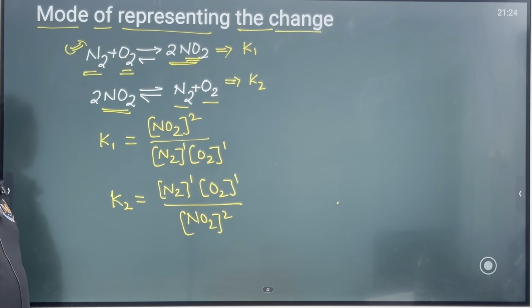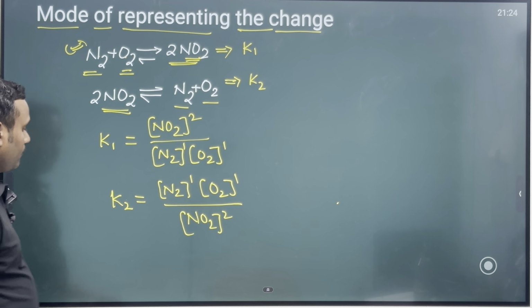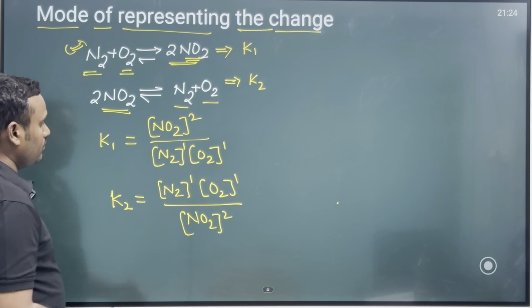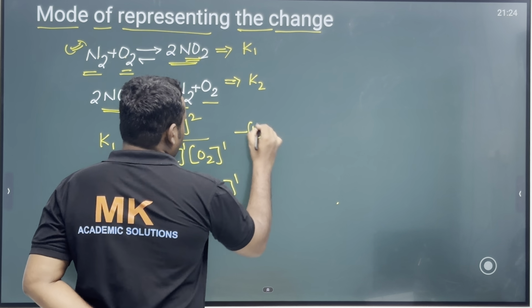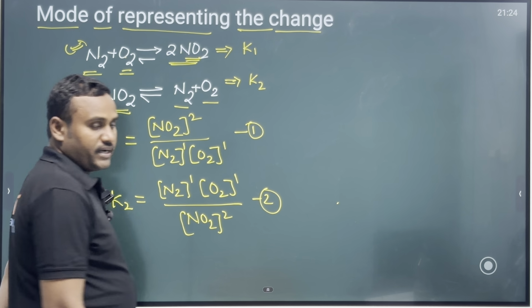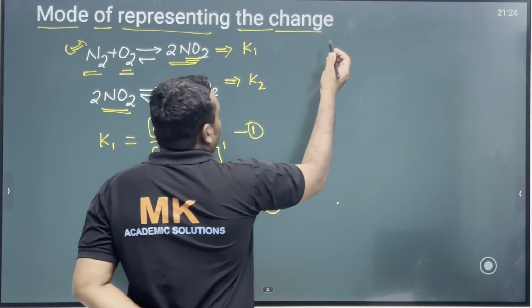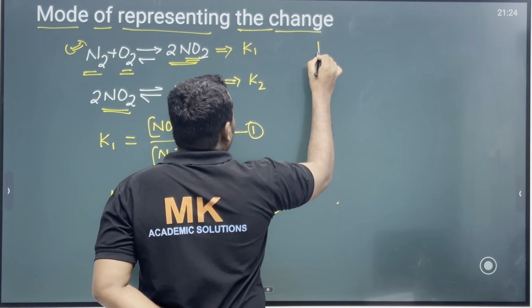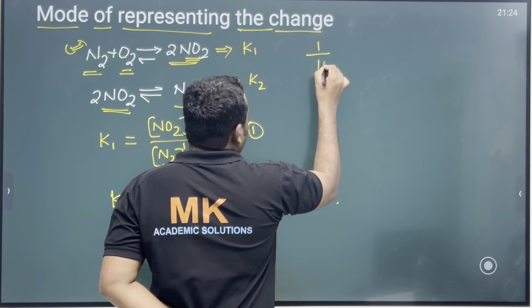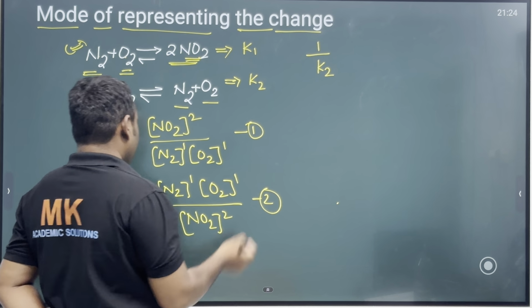So now I will take this as equation number 1 and this as equation number 2. On both sides I will take 1 by K2, means I will inverse.